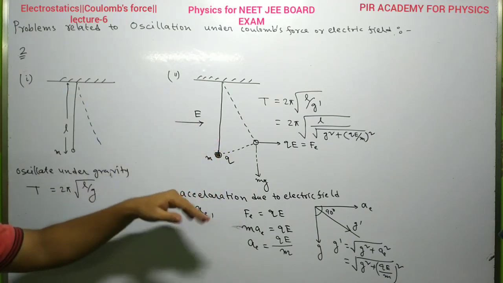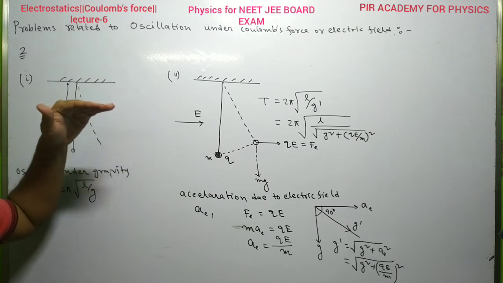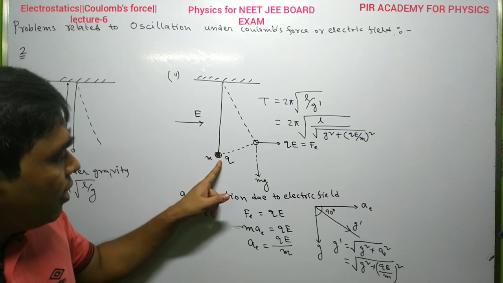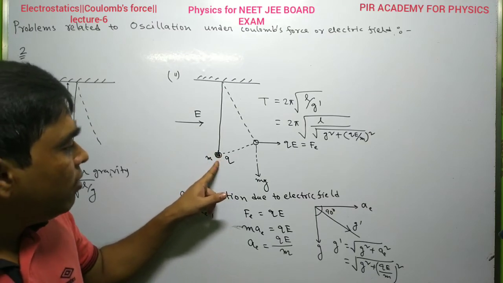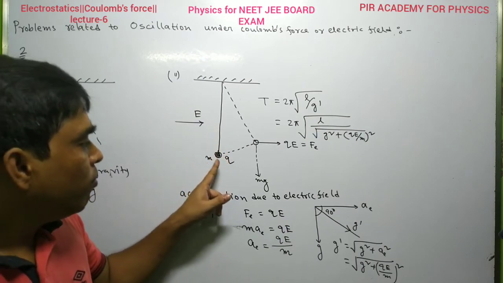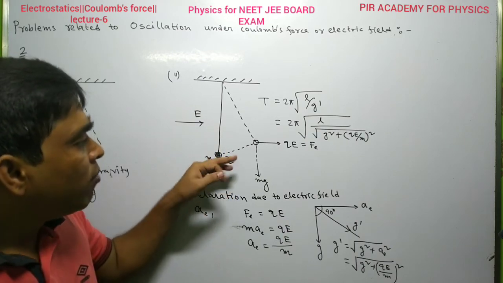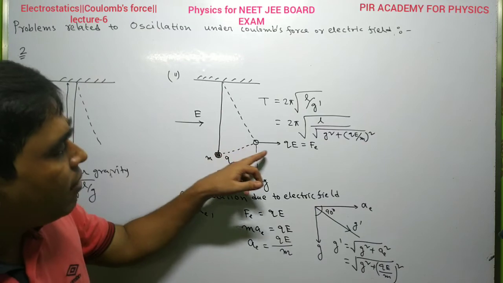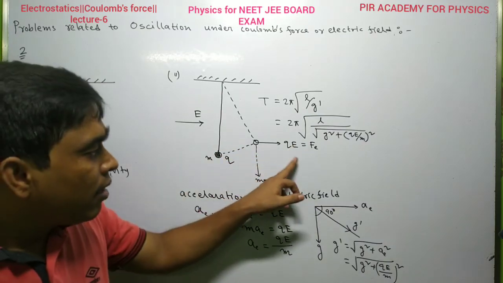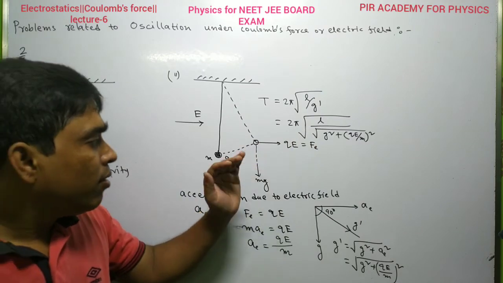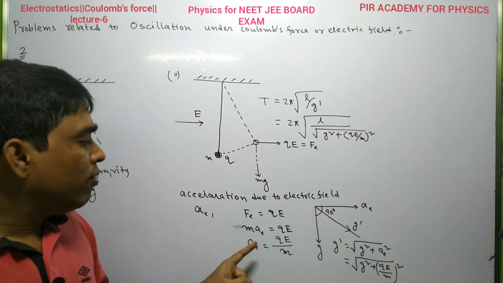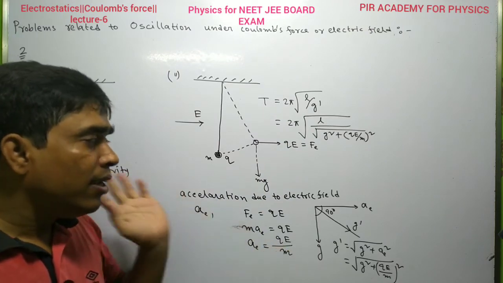So here you see that if I apply an electric field along this direction, then this bob, that means this pendulum containing charge q, experiences an electric force of qE. For this electric force, it has an acceleration. So due to this electric field, the acceleration will be qE by m.